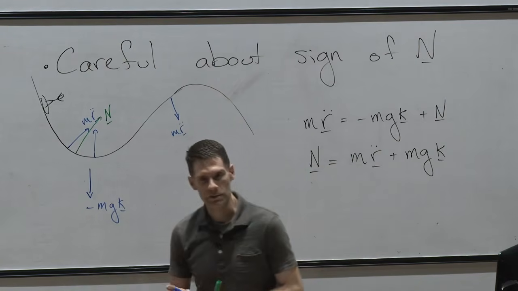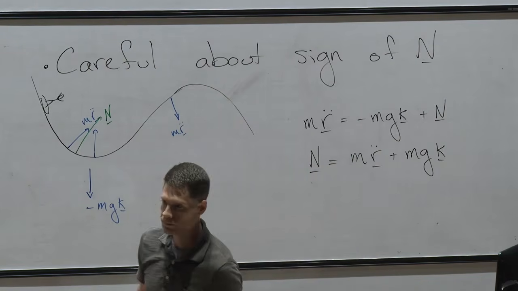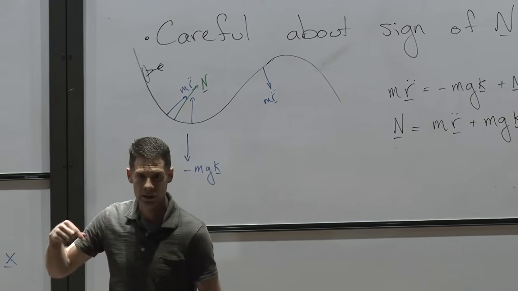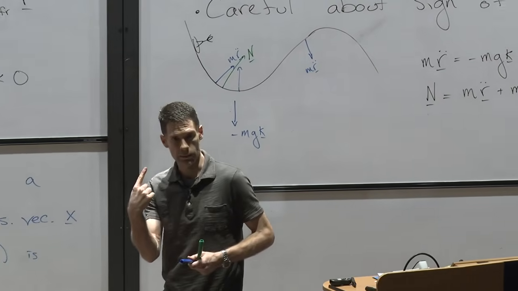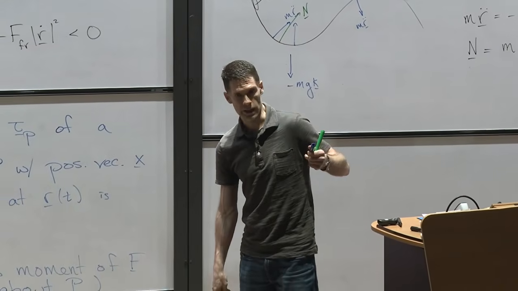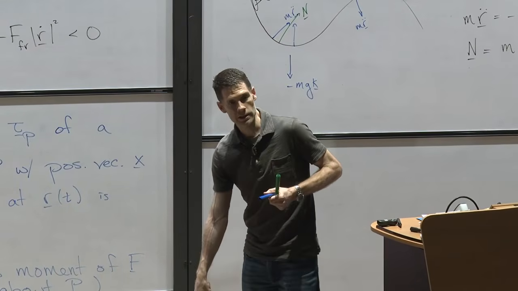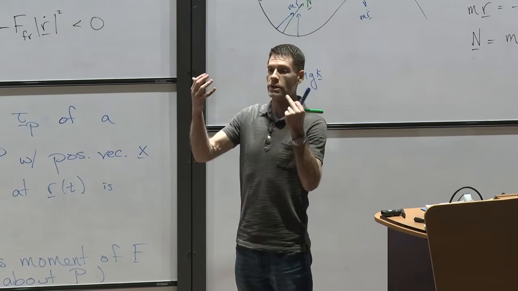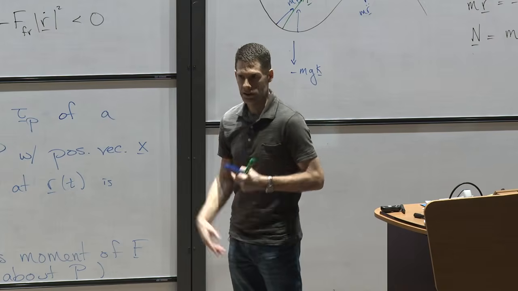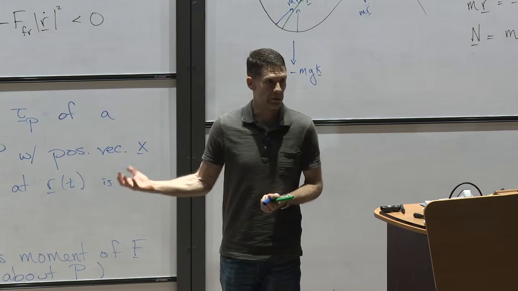What would it mean if N is pointing away from the surface? As I said, N is the force of the surface applying to you. I'm pushing against the surface, surface is pushing back against me. If suddenly that force flips directions, that's like I'm pulling away from the surface and the surface is pulling me back down. But the surface isn't doing that, right?